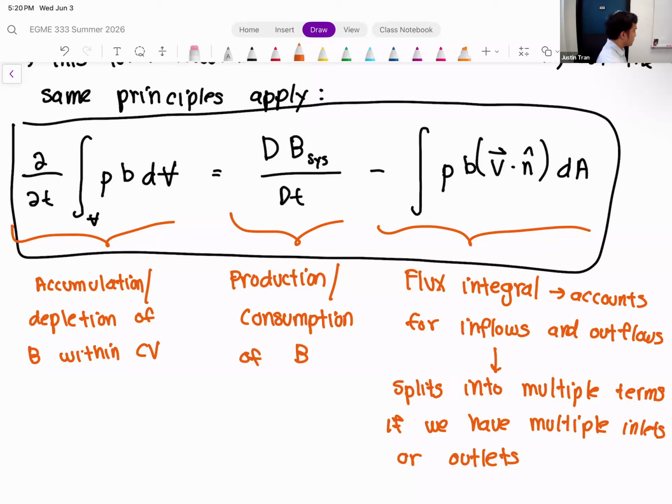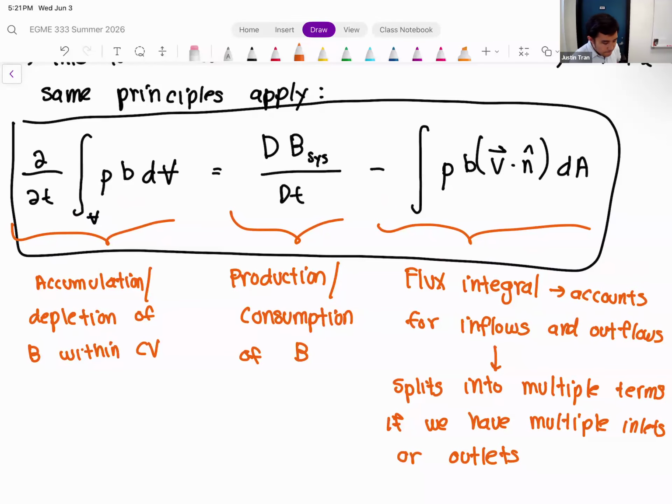And most of the time, that term just ends up being a product of rho times v times A, just like in the previous form, right? But this accounts for the fact that if we have multiple inlets, multiple outlets, or no inlets and no outlets. Okay. So the actual details in terms of how we plug into this form, we'll leave for the next lecture. But I at least wanted to show you the generic form here.